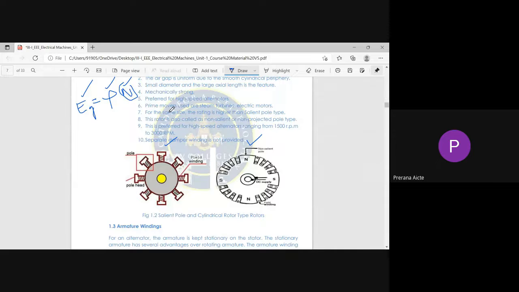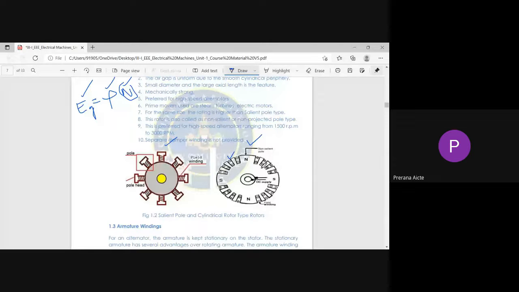So for that reason, the field winding is placed on the rotor and the armature winding is placed on the stator. In the case of DC machines, the windings are opposite to the synchronous generator. So 1/3 of the area is left to form the field poles and the remaining 2/3 is slots to accommodate the field winding.